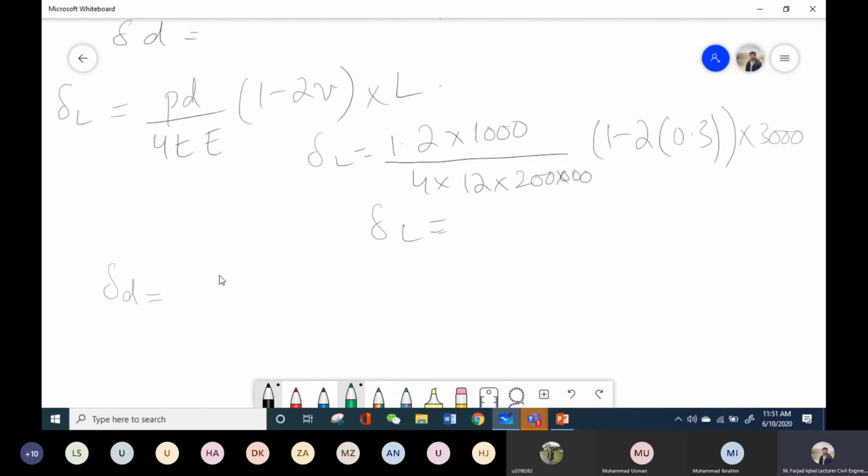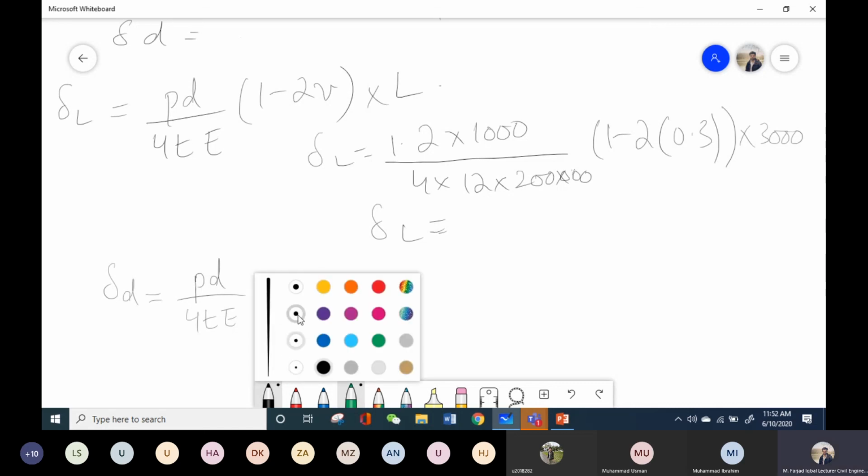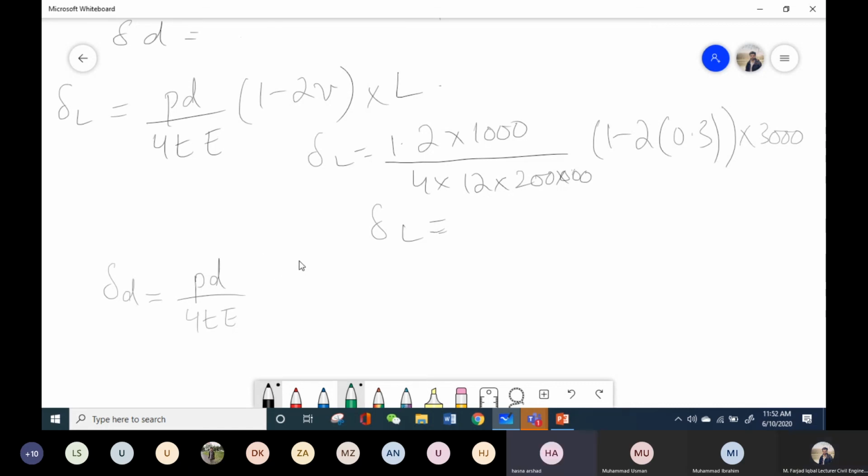Can anyone give me this answer? Sir, 1.5 into 10 to the power minus 4. Can anyone else check this answer?